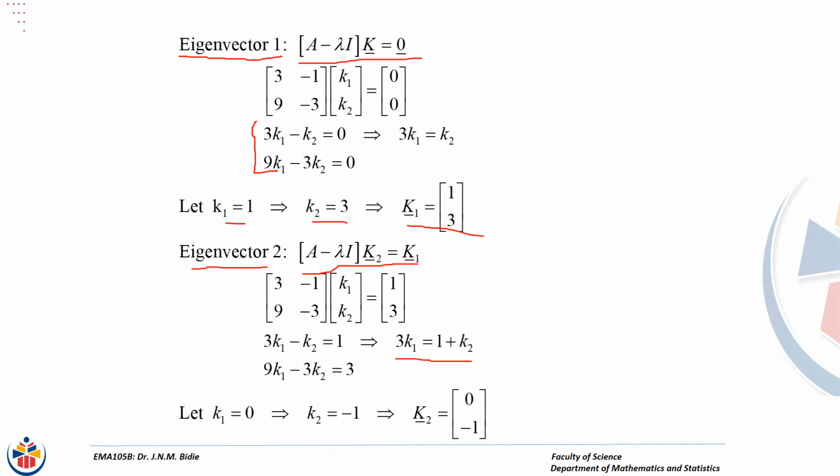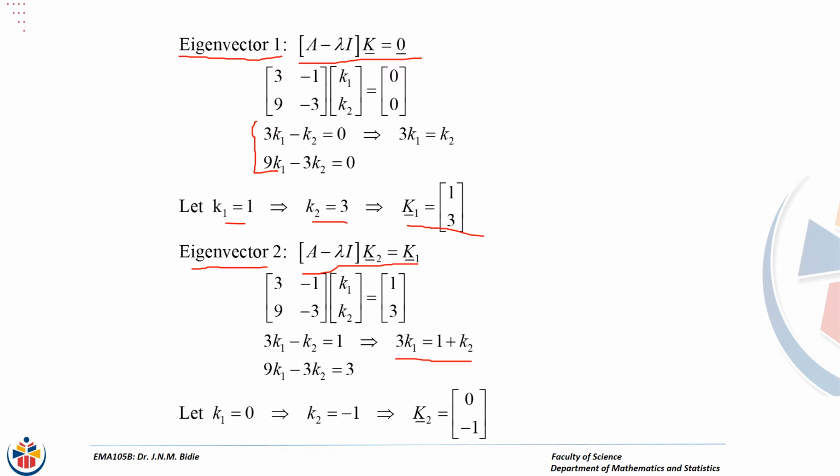So in this case, we let k1 be equal to 0, which suffices, because then k2 will not be 0, and therefore our eigenvector will not be a 0, 0 vector. If k1 is 0, we get k2 equal to -1. Therefore, the second eigenvector is 0, -1.